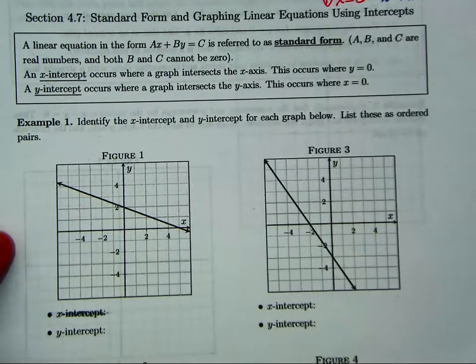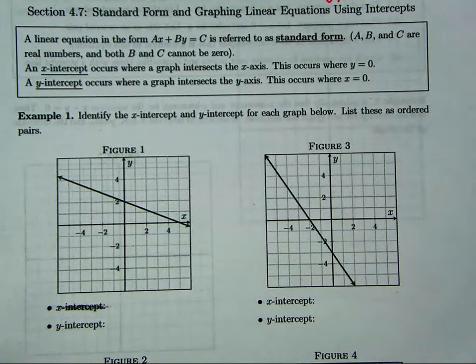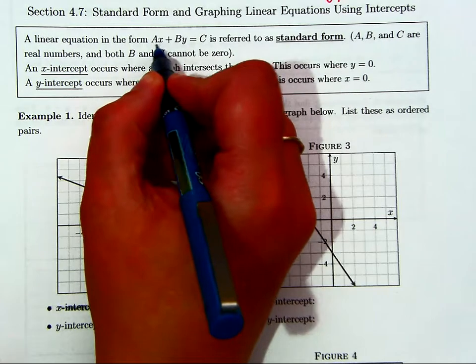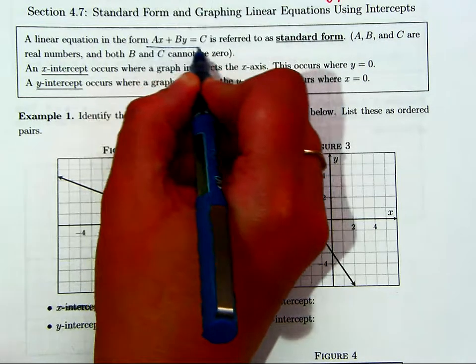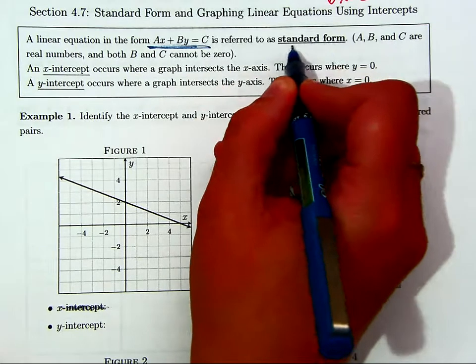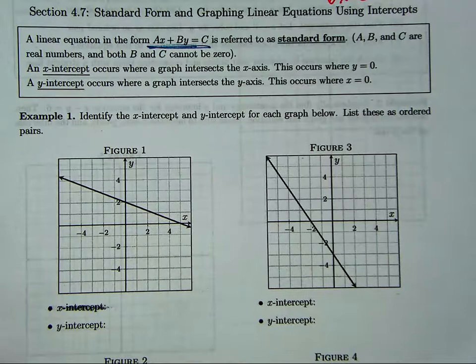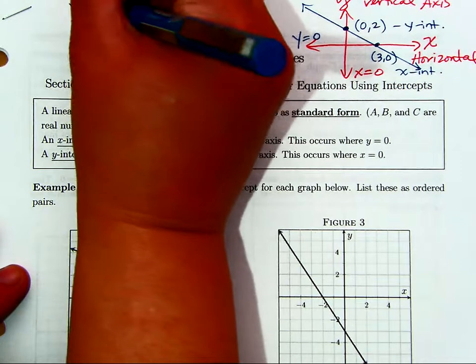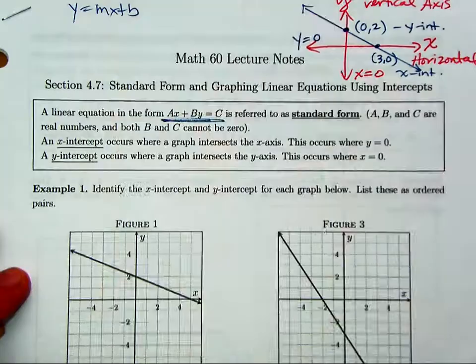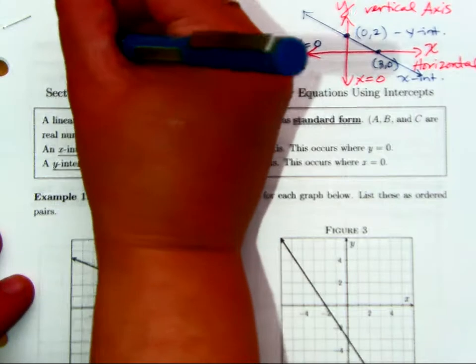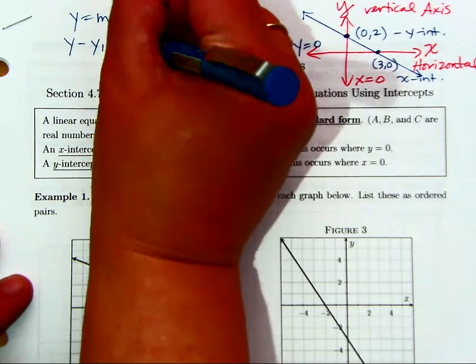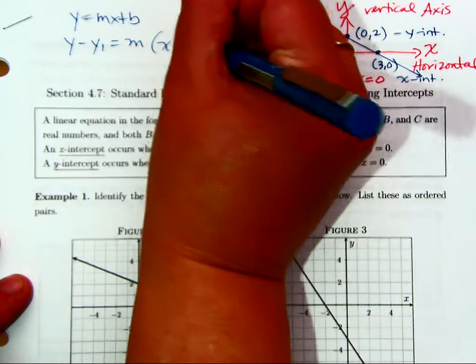Oh, okay, great. A linear equation is in the form ax plus by equals c. This is referred to as standard form. So that's different than y equals mx plus b, right? That's a different form. We actually now know 3 forms of linear equations. We know y equals mx plus b. We know y minus y1 equals m times x minus x1.